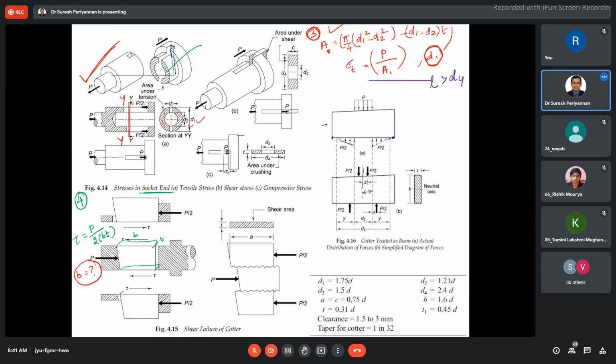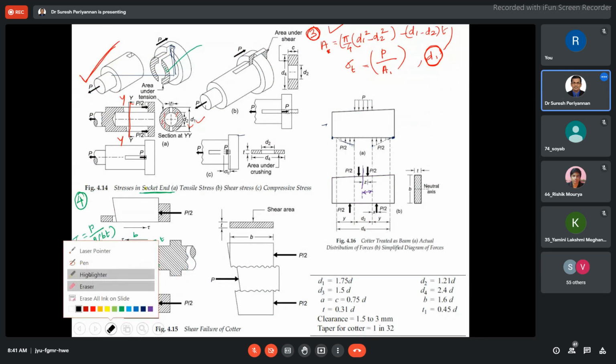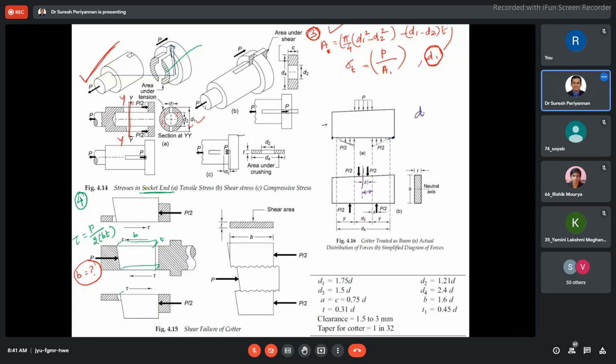D2 by 2. This is D2 by 2, the average center distance. Then the average distance Z is this distance divided by 2, which is equal to Z.